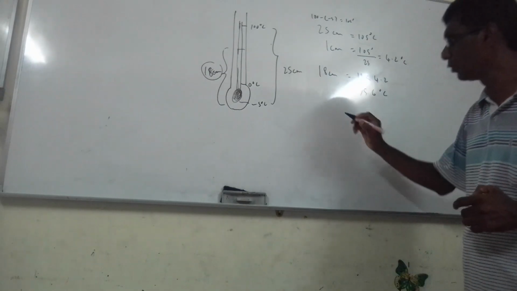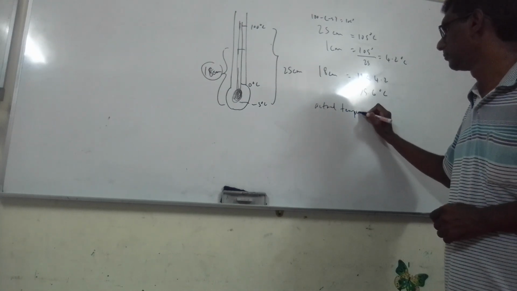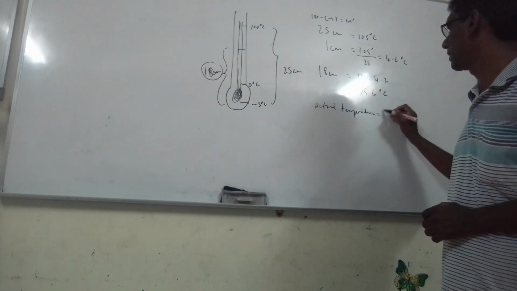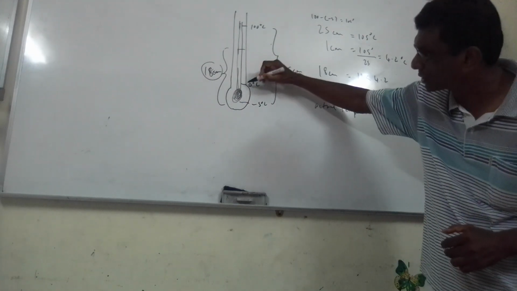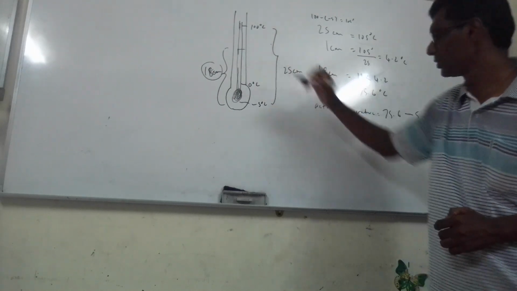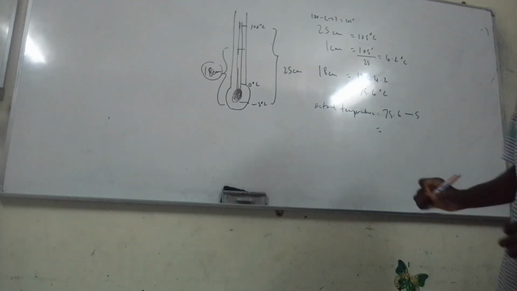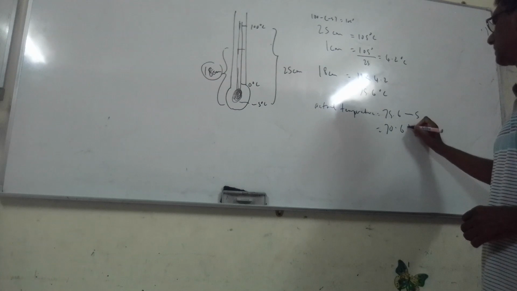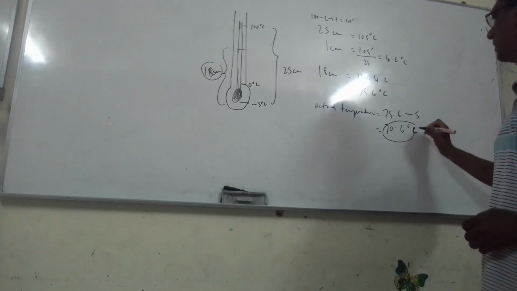So the actual temperature equals 75.6 minus 5, because you are taking the temperature from the 0 point. So 75.6 minus 5 is 70.6 degrees Celsius.